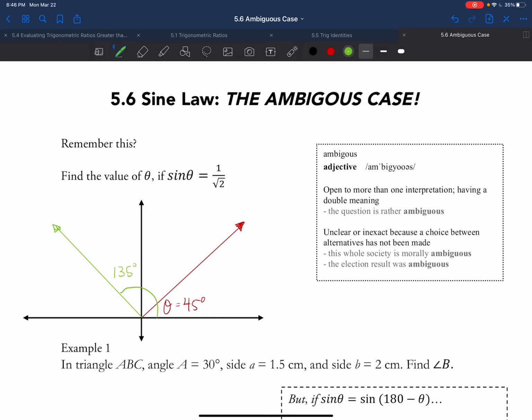Both of those have the ratio of 1 over root 2. Sine of 45 is 1 over root 2, and sine of 135 is 1 over root 2. So it's ambiguous because they're both answers. It's unclear as to which angle I'm talking about.